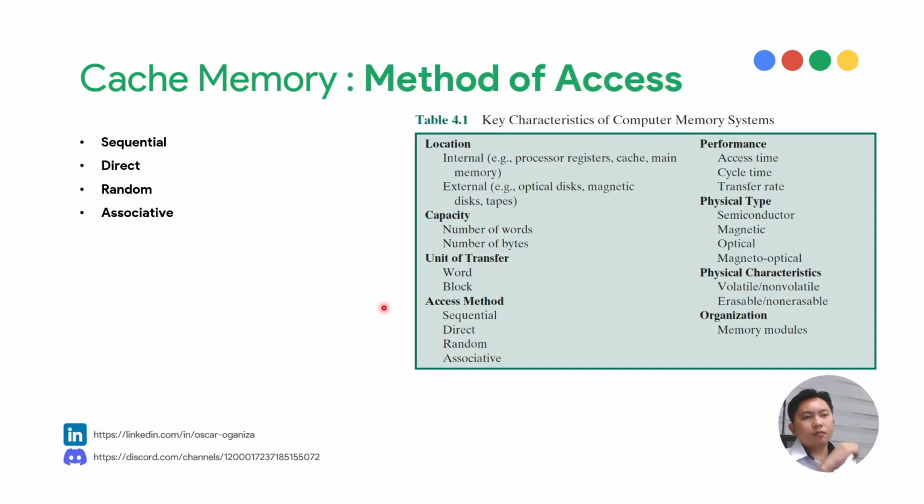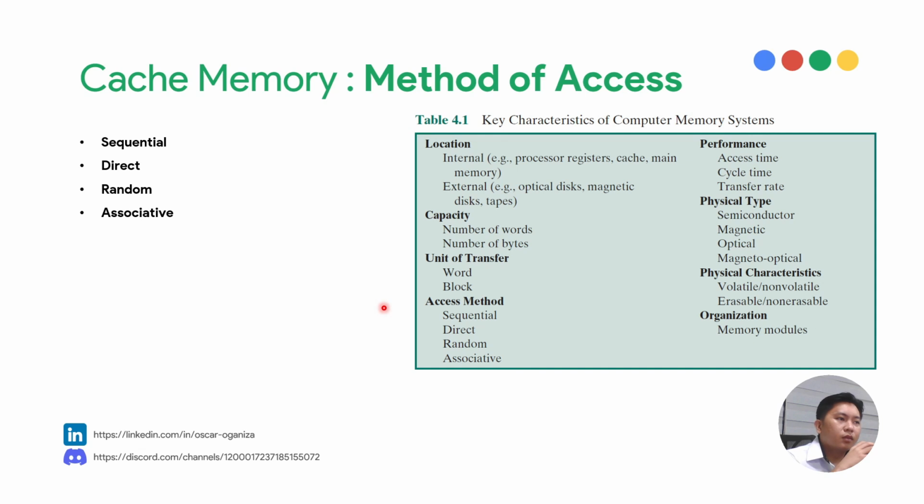Okay? So how does the cache memory access those data? No? So the method of access in cache memory depends on how the system is being designed. So in this slide, we have 4 methods of how this data is being accessed.